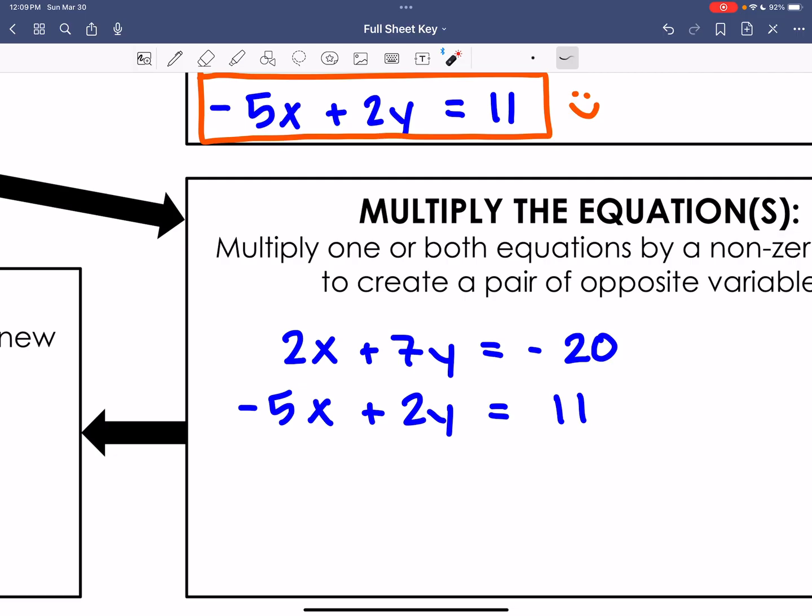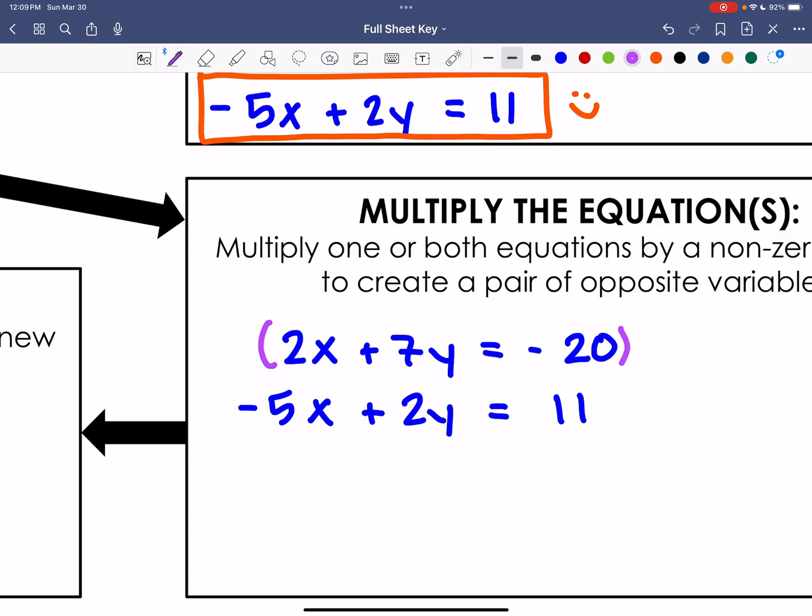That would make them both positive 14. On top of that, we would need to throw a negative in somewhere. I don't really think one variable is going to be a lot easier than the other. So I'm going to choose the x's just because they're up front, and then one's already positive, one's already negative. No matter which variable we choose, it would require 2 multiplications this time to get them to match up.